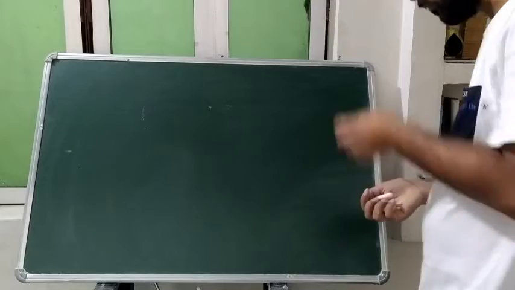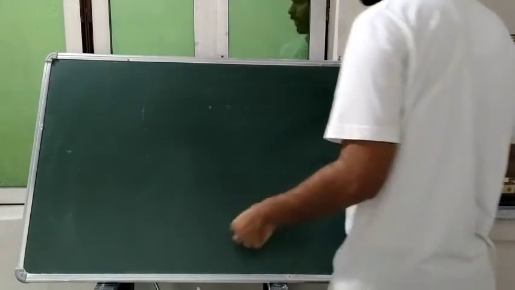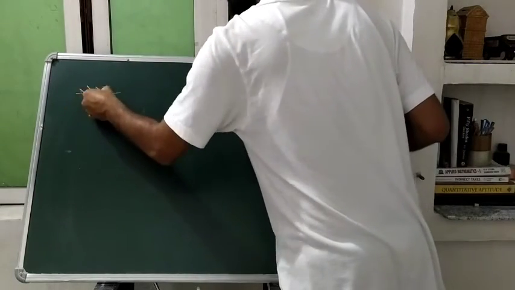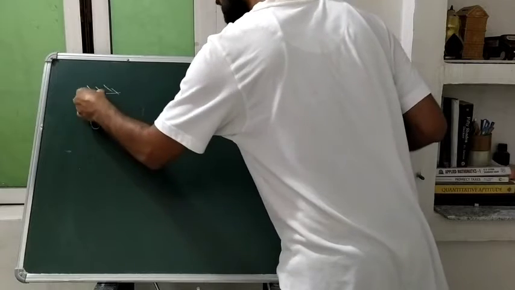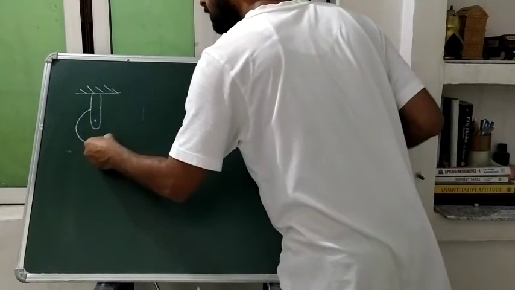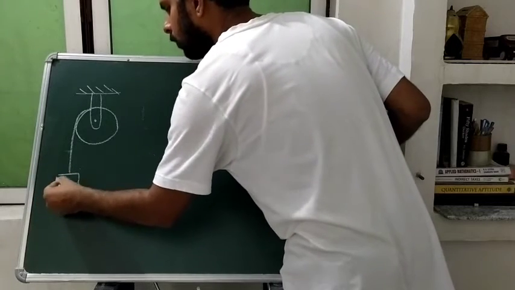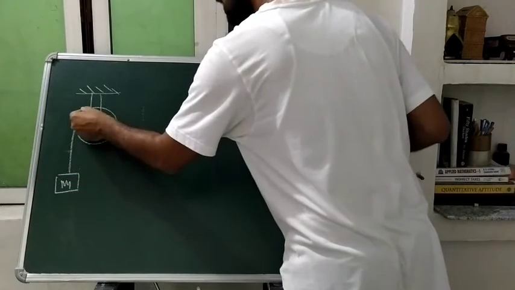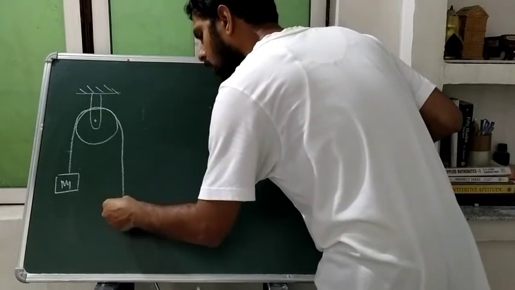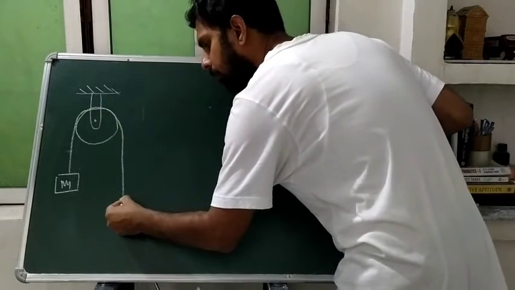Look, student, suppose we are having a situation where a fixed pulley is here. This one is our block of mass M1, and this one is our block of mass M2.